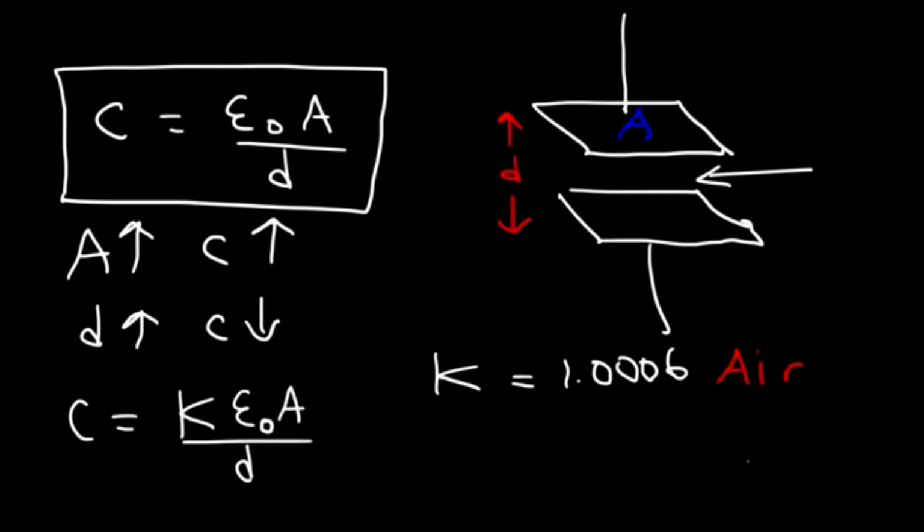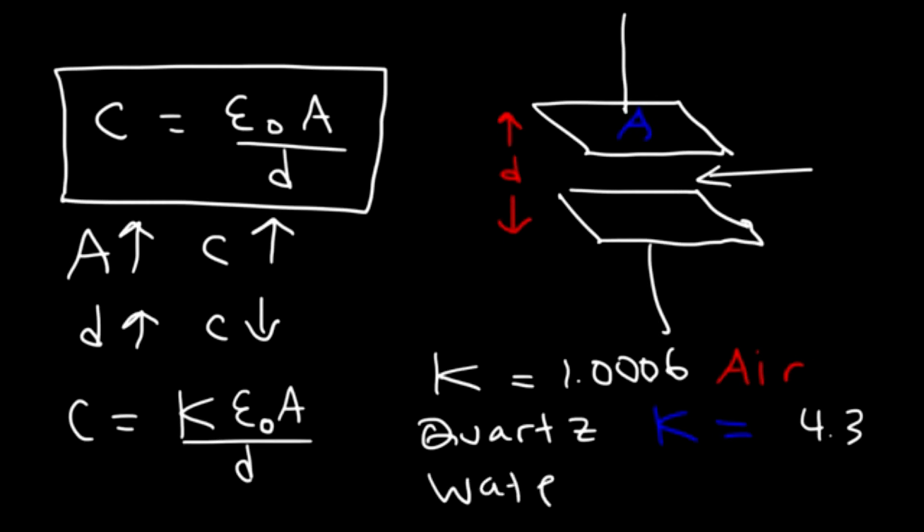For example, let's say if we have quartz. For this material, K is about 4.3. In the case of water, K is about 80. Now, what effect does the dielectric have on the capacitance?